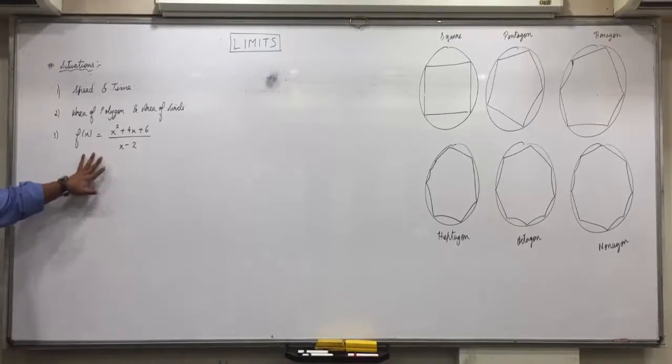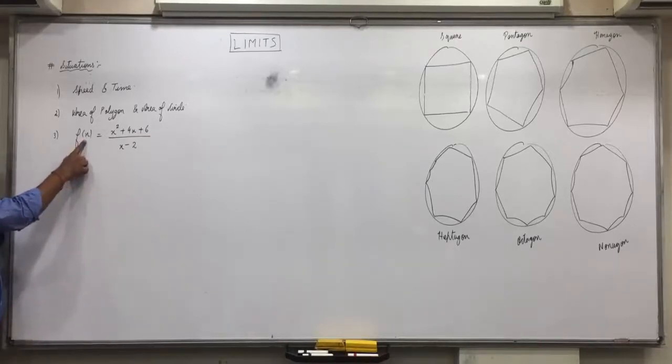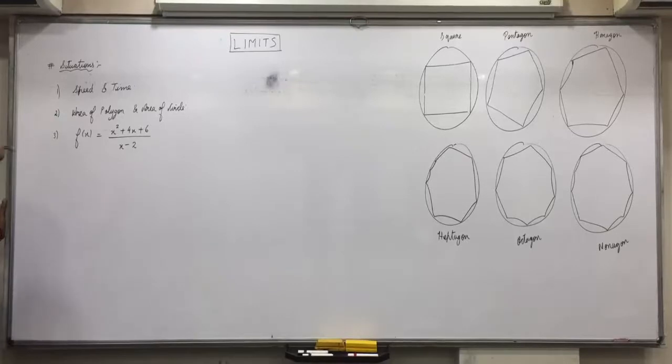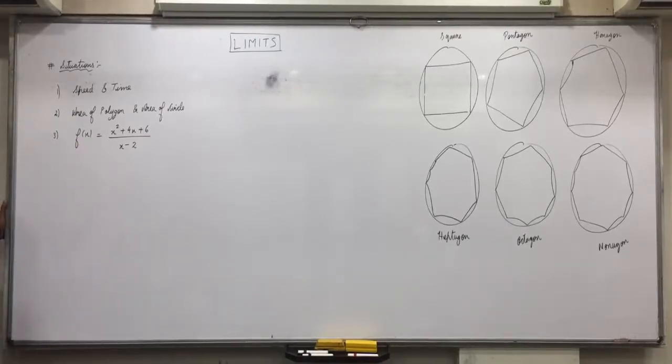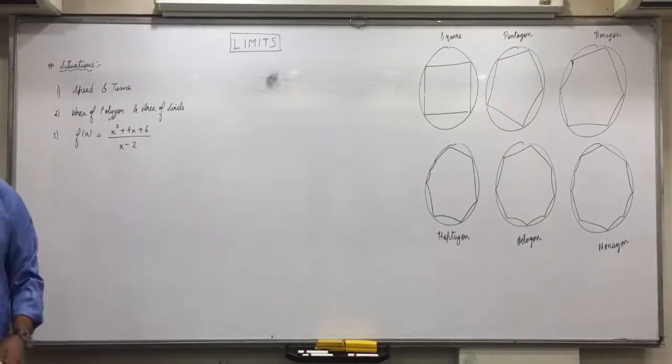So here what we do, we take values closer to 2: 2.01, 2.1, 2.001, and we try to find the value of f(x). The exact value is indeterminate, but the nearest value can be found. Here we use the concept of limits. Did you understand this? So the meaning of limits I'll make you write and then questions will start.